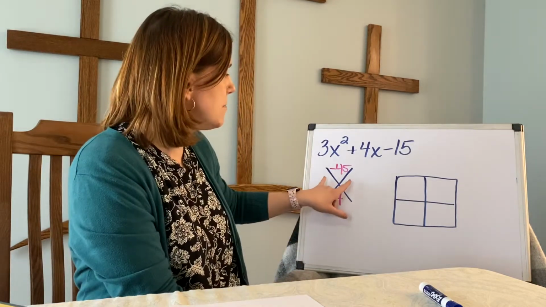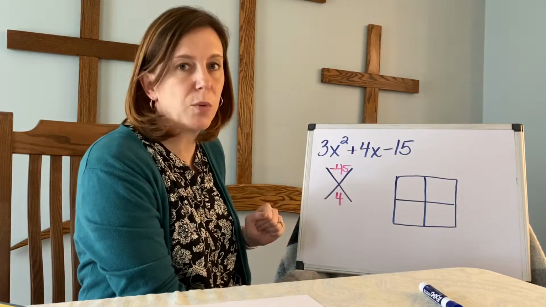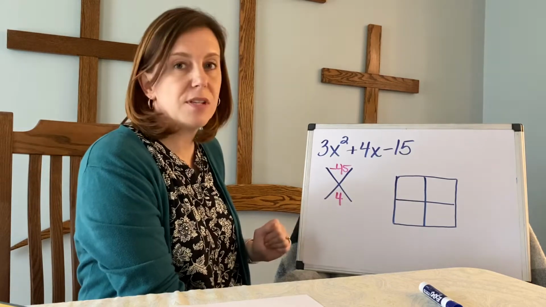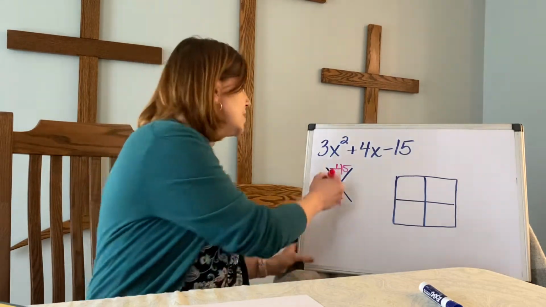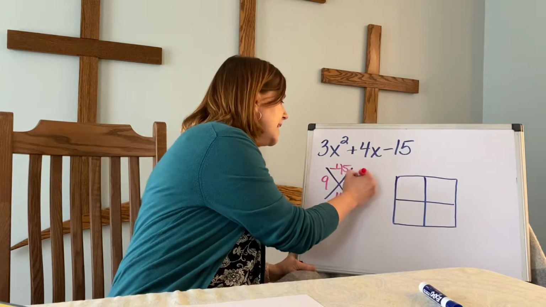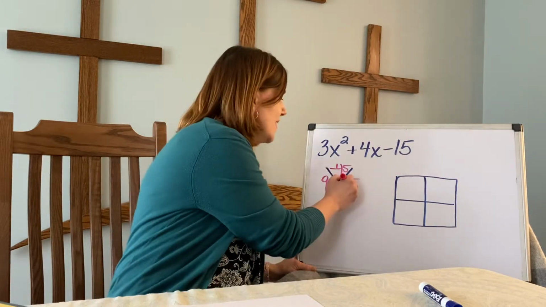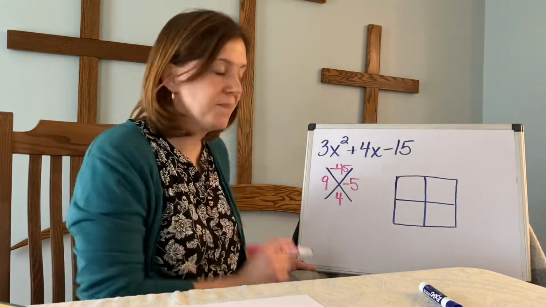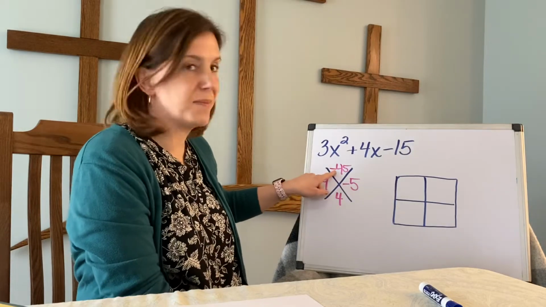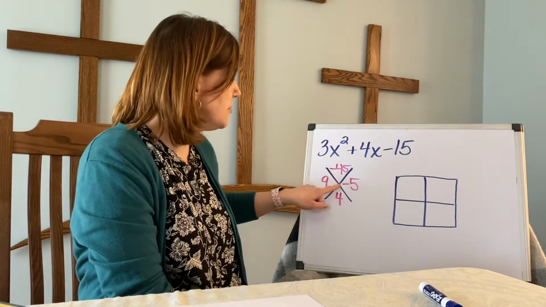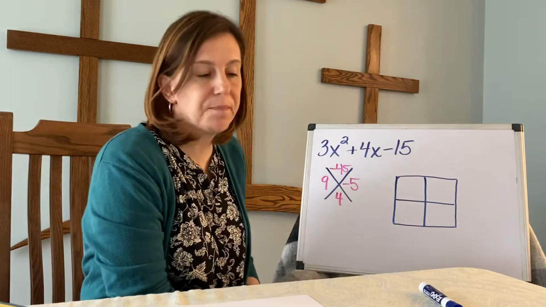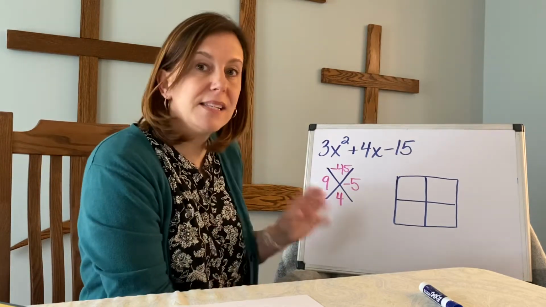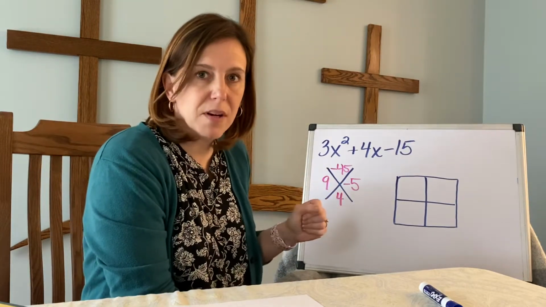Find 2 numbers that multiply together to get me negative 45, but add together to get me 4. And as we did yesterday, we know that is 9 and 5, but where the 5 is negative. 9 times negative 5 gives me negative 45. 9 plus negative 5 gets me 4. Okay, that's step 1. You still need those numbers.